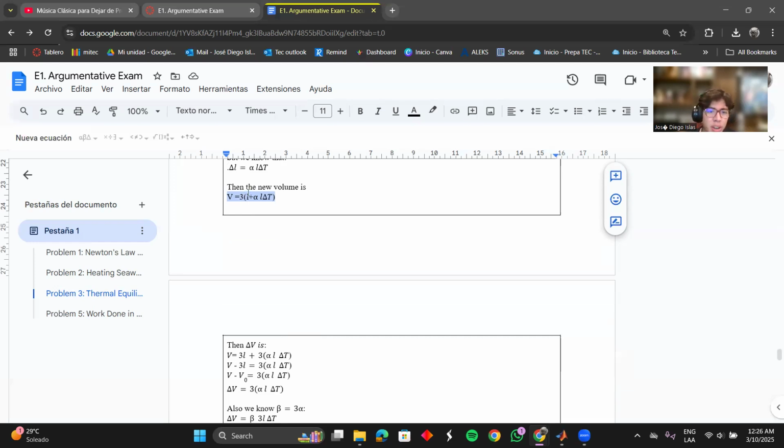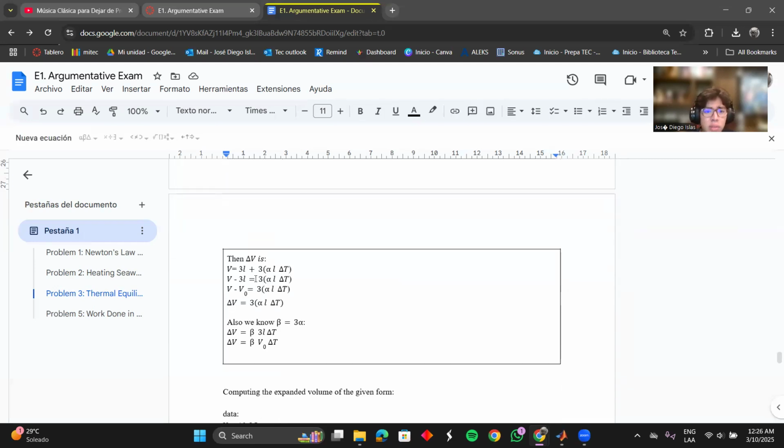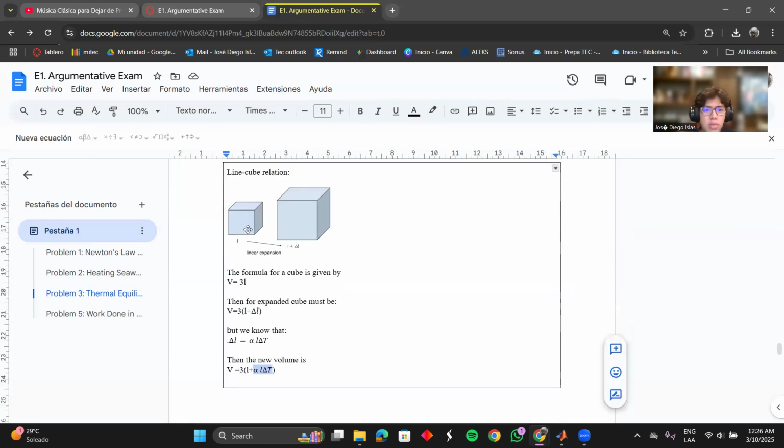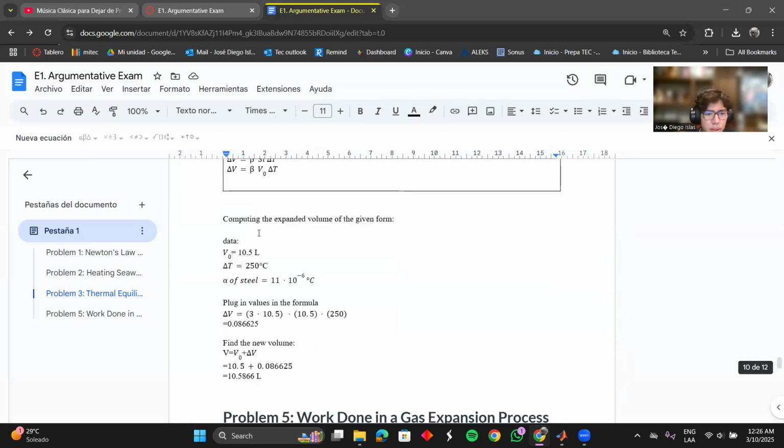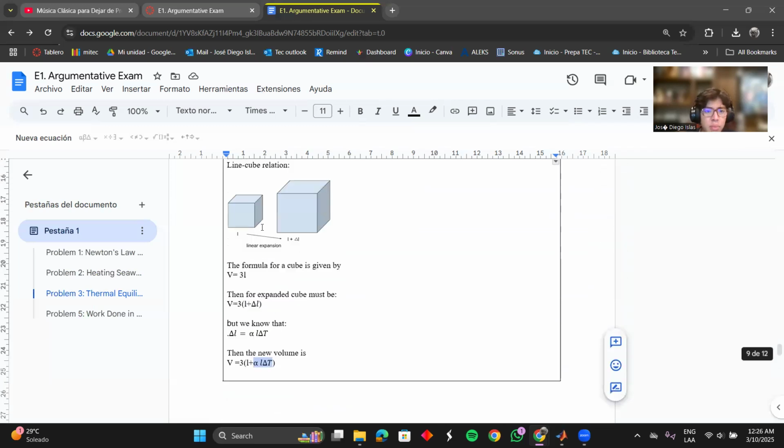So we have L cubed plus this term, right? Now we have another formula right here, but we know something. We know that L cubed is equal to the initial volume, the volume before expansion.